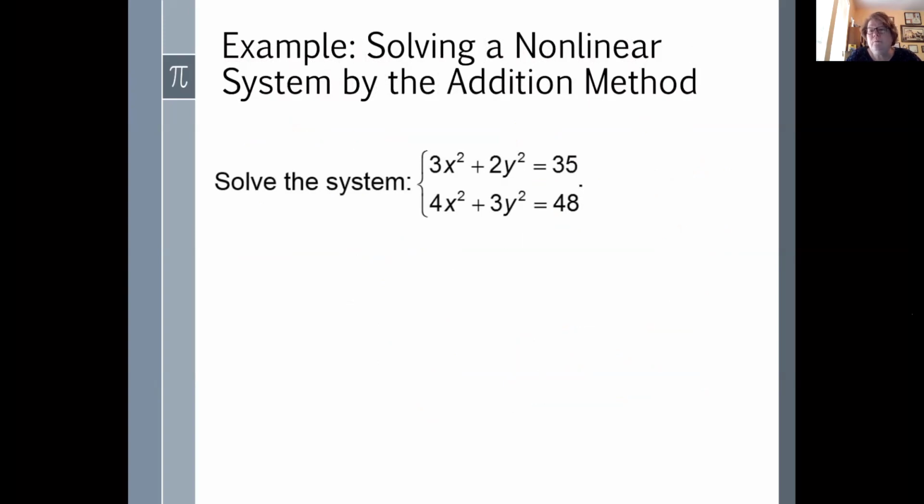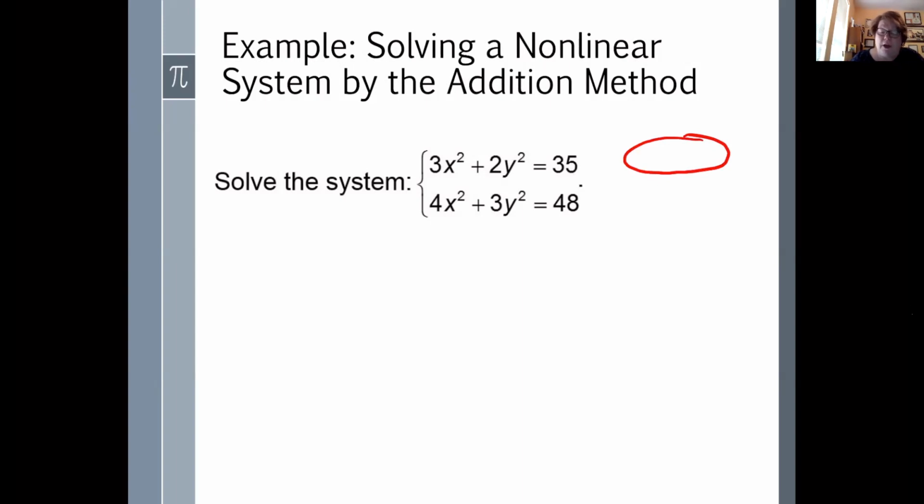For your information, the graphs of these two equations are ellipses, and ellipses are kind of flattened out circles. They look something like this. That's probably exaggerated, but something like that. They're ovals, if you will. And if you have two ellipses, which you do, they could intersect at four different places.